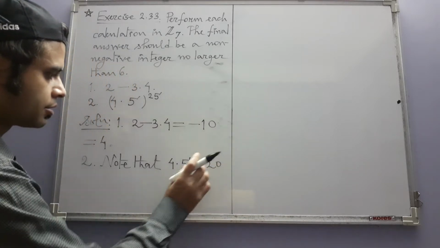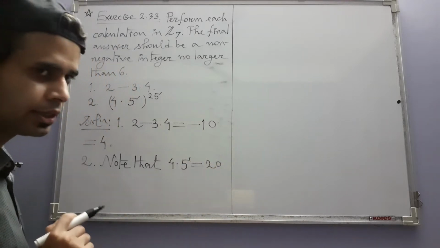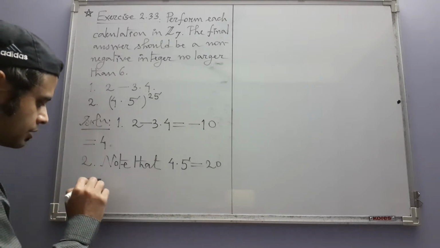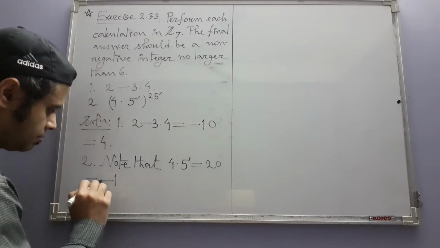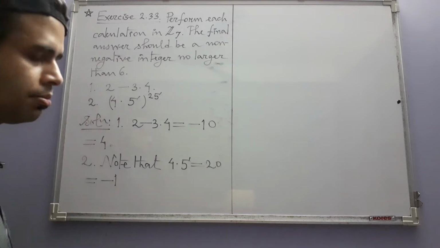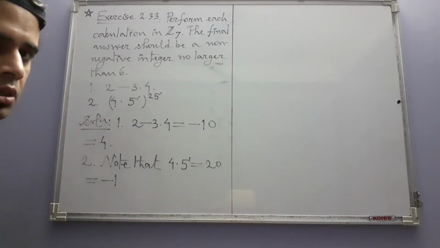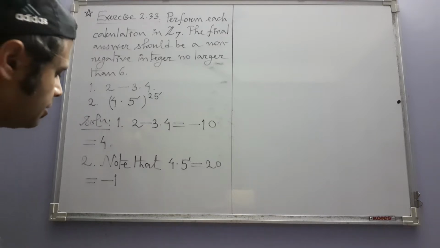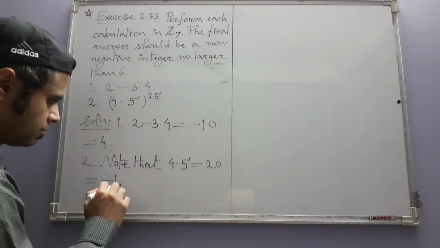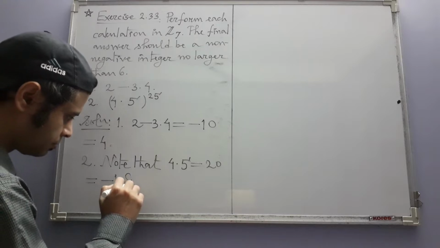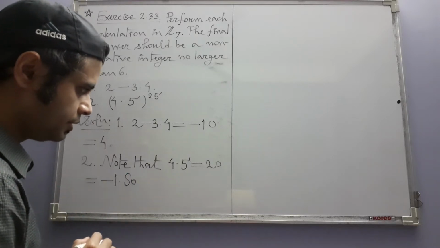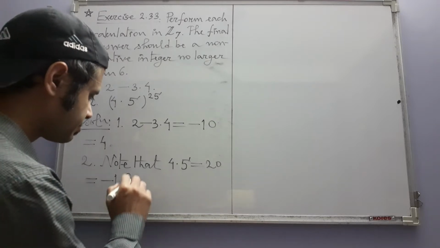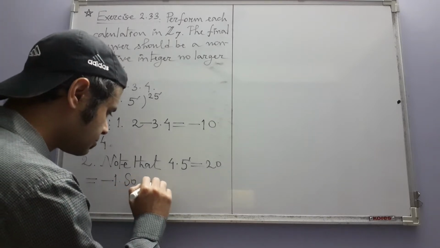That means we are considering the congruence class containing 20, which is also equal to the congruence class containing minus 1, because 20 is congruent to minus 1 mod 7. 20 minus minus 1 is 21, which is divisible by 7. So using the operation multiplication mod 7, we get this.